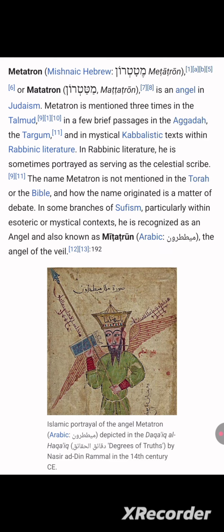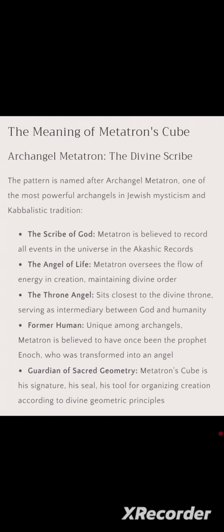Metatron is an archangel from the Abrahamic faiths of the Middle East, but primarily Jewish mysticism. He was called the Angel of the Veil. He was also known as the Degrees of Truth in some Arabic traditions, serving as the so-called scribe for God in those same traditions. Slide 69. Metatron's cube became associated with the archangel through a somewhat mysterious synthesis.